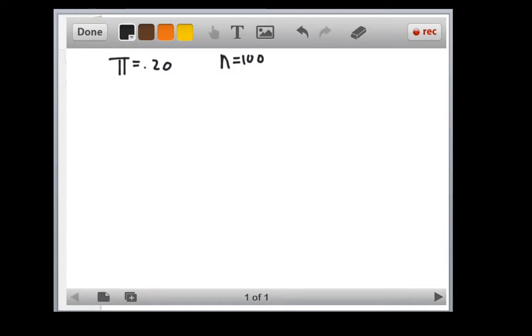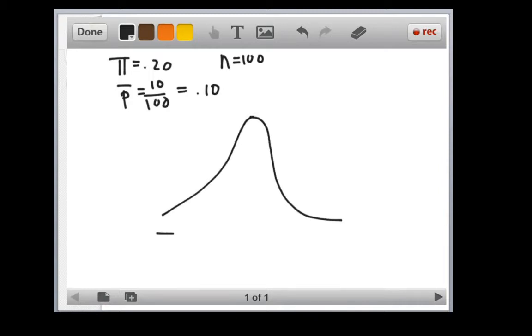The sample size was 100, and the sample proportion was Charlie's 10 over his 100 calls, which is 0.1. We know that this is going to be normal because n times pi equals 20, and so that satisfies the conditions.